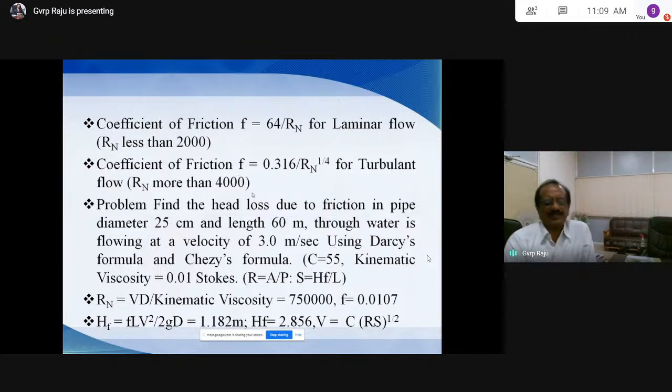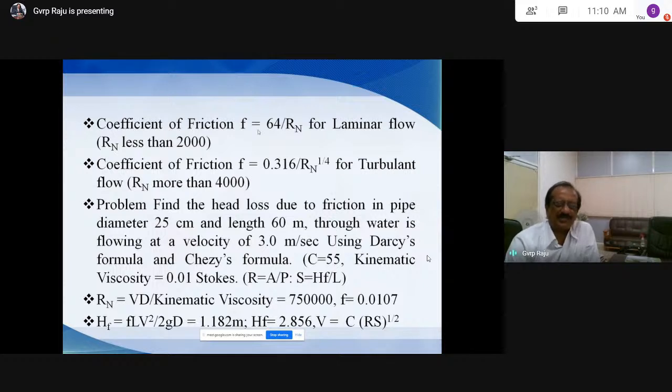that means when the Reynolds number is more than 4000, f is equal to 0.316 by Rn to the power of 1 by 4. Need to remember this equation. For example, at the end of the chapter we will have GATE questions.